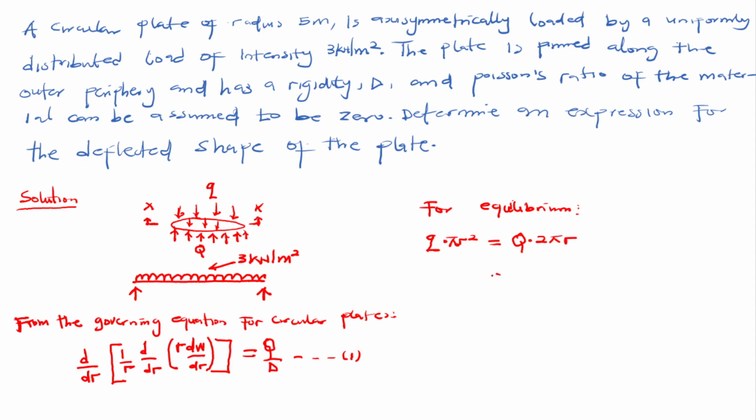So now, making Q the subject of the formula, we have Q over 2 pi r. I hope you are following.